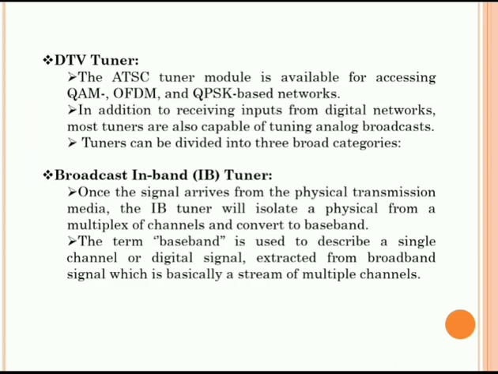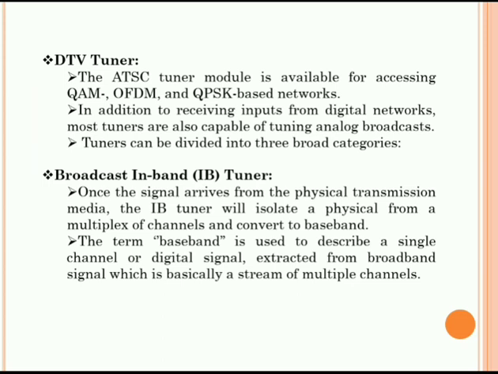Now let us see the DTV tuner that we have used in this practical diagram of the DTV receiver. The ATSC tuner, that is the DTV tuner module, is available for accessing QAM, OFDM and QPSK based networks. In addition to receiving inputs from digital networks, most tuners are also capable of tuning analog broadcasts.